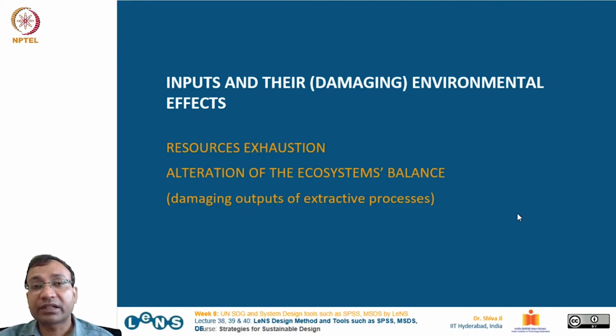Well, resource exhaustion, first and foremost, so resources are getting depleted. Alteration of the ecosystems' balance, so the balance is getting disturbed. For example, if we are extracting water from the aquifers below the earth's surface, those aquifers are getting dried, and the water table in the entire area has gradually started going down.